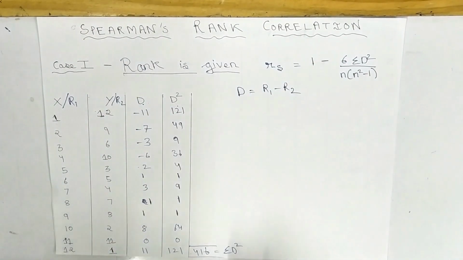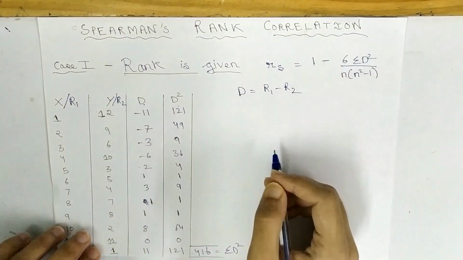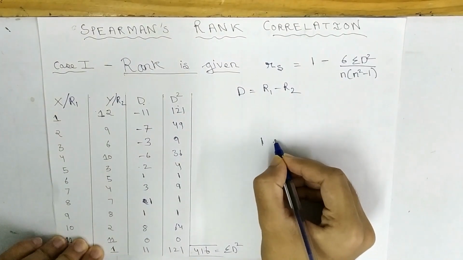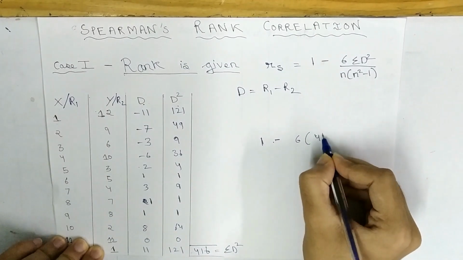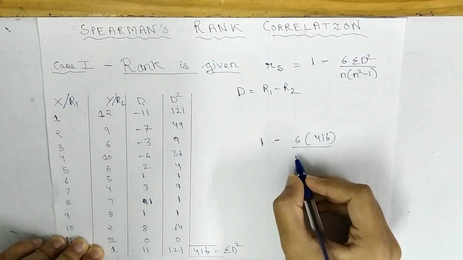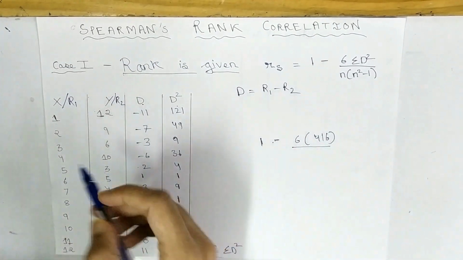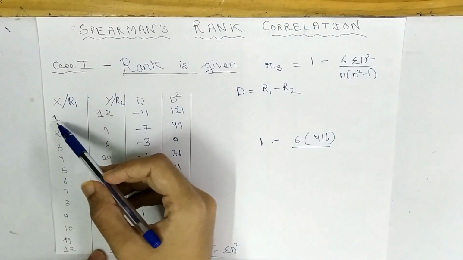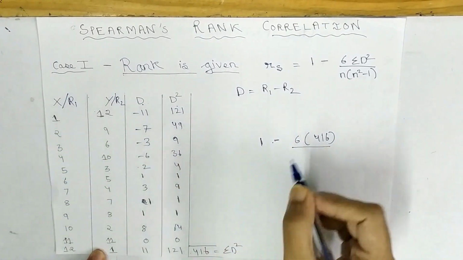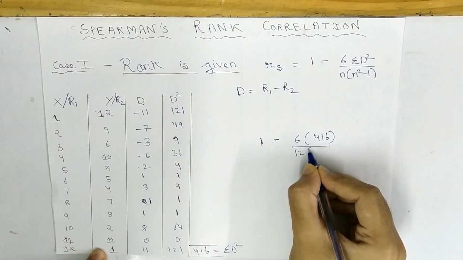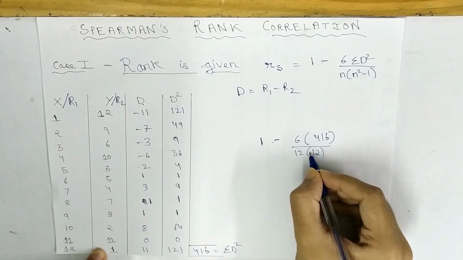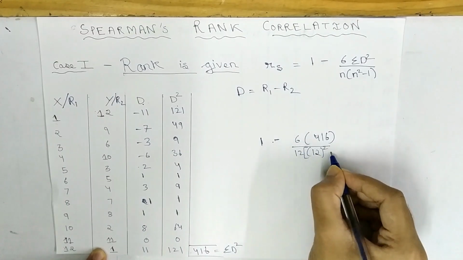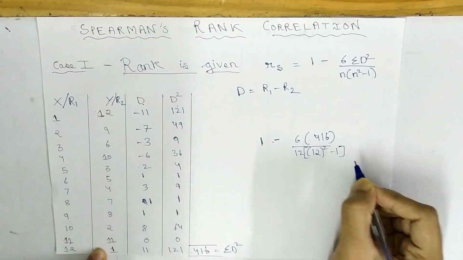Now we put this value in our formula: 1 minus 6 sigma D square, 416, and n is the total number here. There are 12 numbers here, so our n is 12, whole square minus 1.